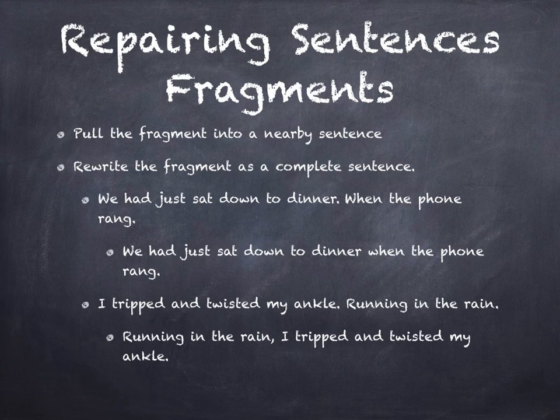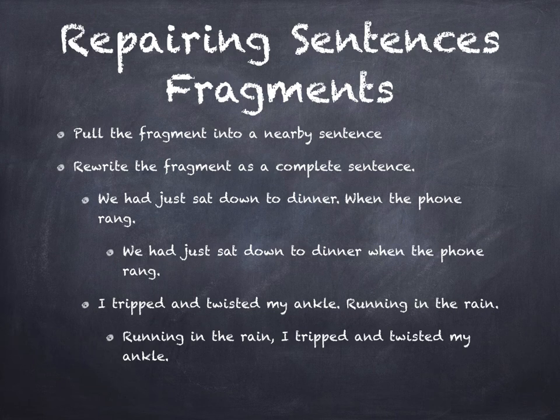So to correct it, we need to move the phrase to the beginning of the sentence. We cannot leave it at the end of the sentence, because if we do that, this is what it sounds like. I tripped and twisted my ankle running in the rain. When we put the comma here and make this lowercase, it sounds as though our ankle alone is running in the rain.